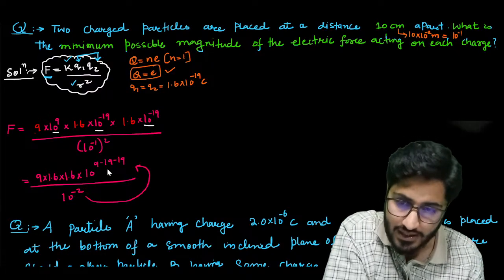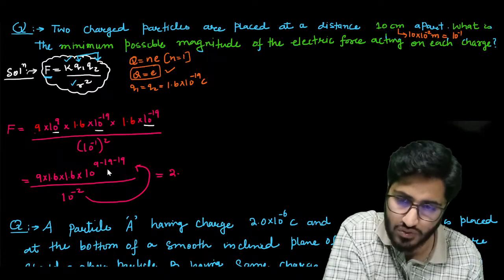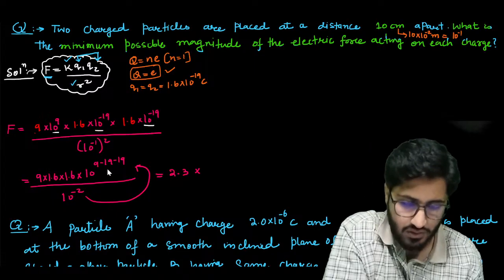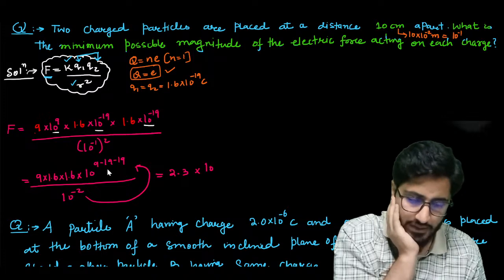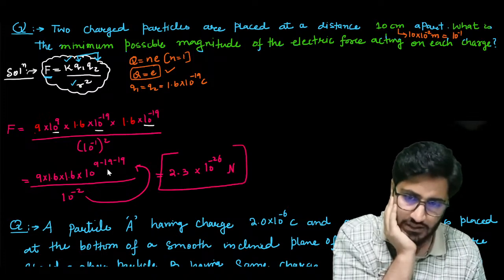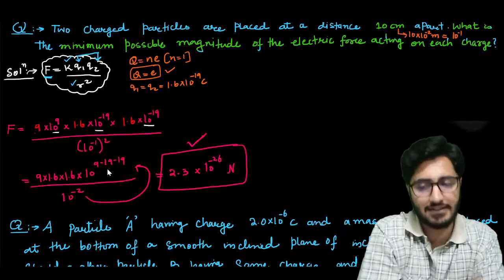It would be 2.3. So it is 2.3 into 10 to the power minus 26 Newton. This will be my required answer of my numerical.